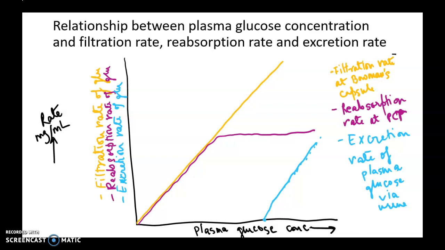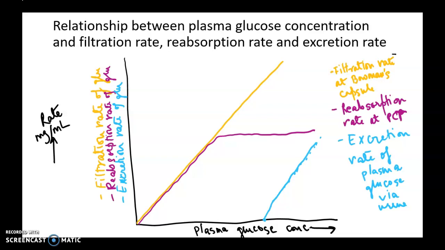So the point is, if there is a lot of glucose in the plasma, a lot of glucose will be filtered out into the Bowman's capsule across the fenestrated capillaries of the glomerulus. So we see an exponential growth, or a curve that is growing exponentially. Increase in plasma glucose concentration will lead to more filtration rate of glucose at the glomerulus.